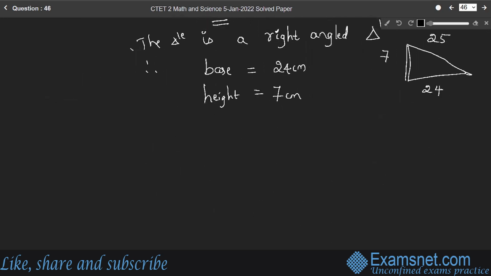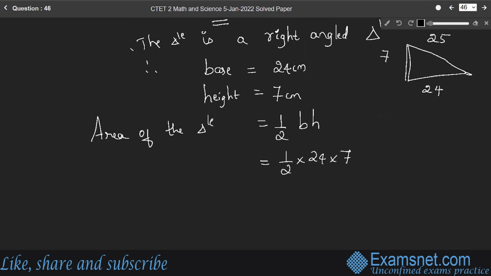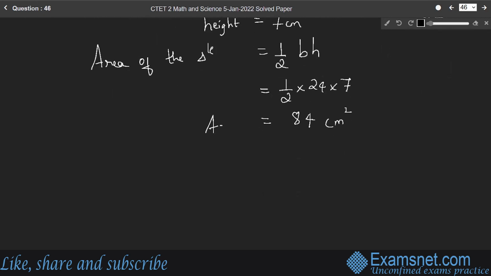Therefore, area of the triangle is half into base into height, half into 24 into 7, that is 12 into 7, 84 centimeters square, area of the triangle. But area of the triangle is equal to area of the rectangle, which is given.